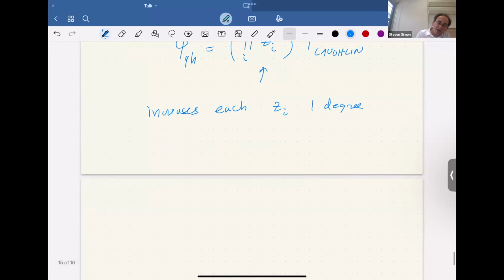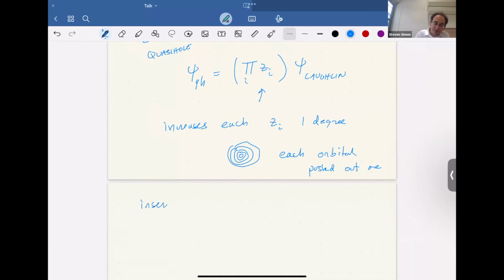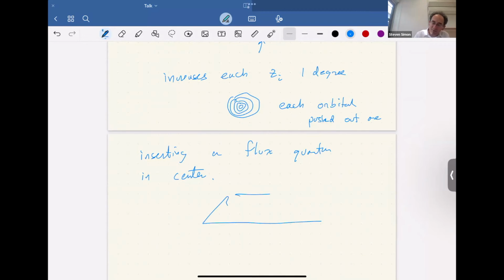So we have all of these rings, these single particle orbitals, and each orbital gets pushed out one. This is exactly equivalent to inserting a flux quantum in the center. So if you adiabatically insert a flux quantum at the origin of my two-dimensional system, each electron gets pushed out one step.